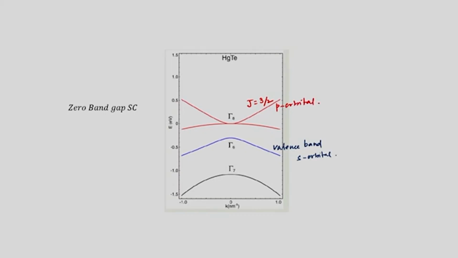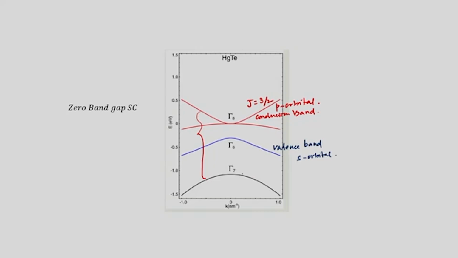Now, what happens is that these are the spin orbit split bands, and part of the conduction band is below the valence band.